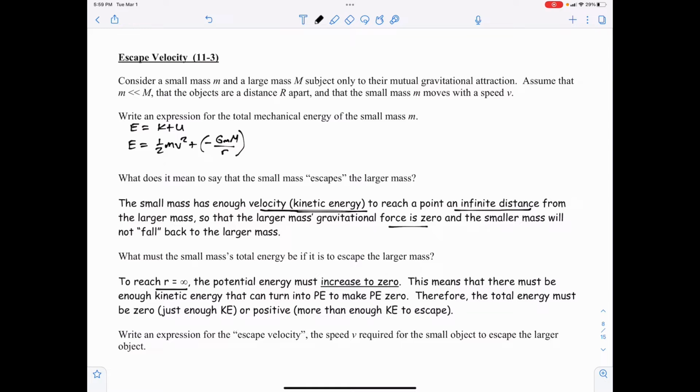This means that there must be enough kinetic energy to turn negative potential energy into 0 potential energy, essentially. Therefore, the total energy must be 0, just enough kinetic energy to escape. So you set that total energy equal to 0.